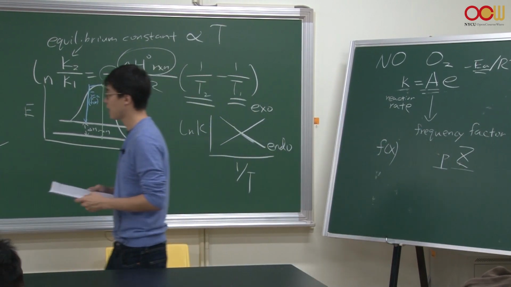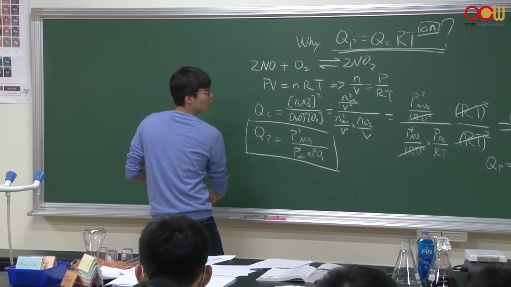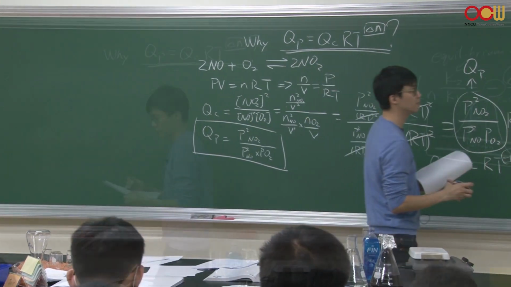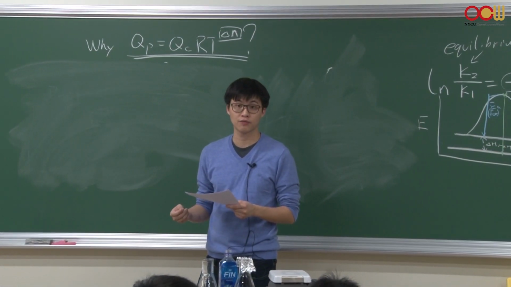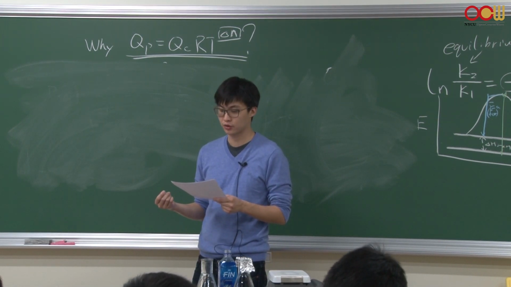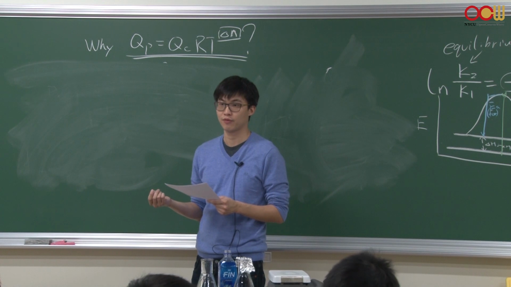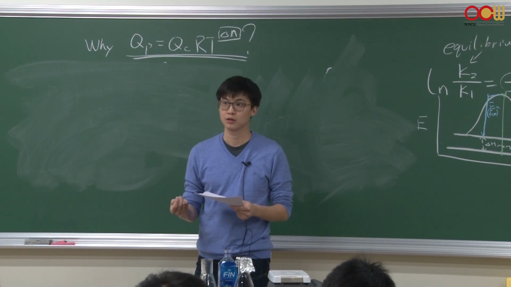All right, so next we'll talk about reaction half-life. The definition is the time it requires for your reactant concentration to reach half. The amount of it decreased by 50%. That makes sense?